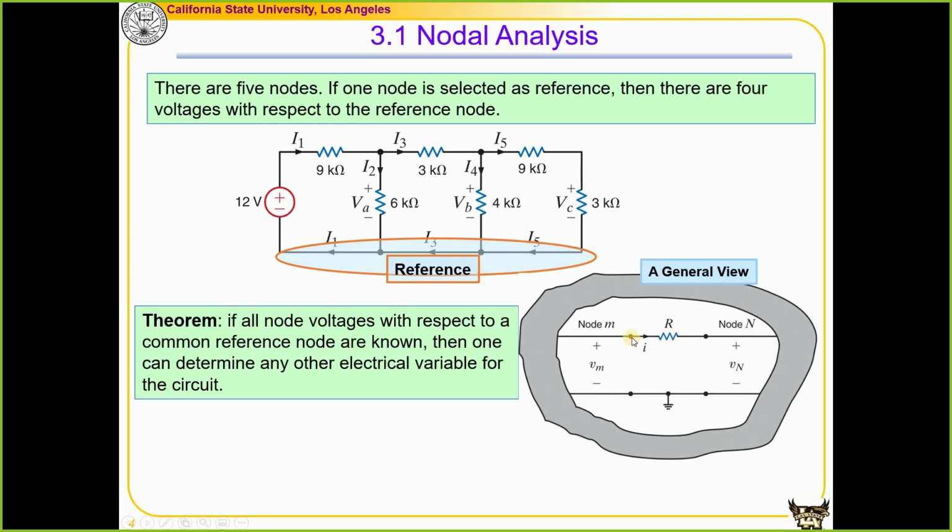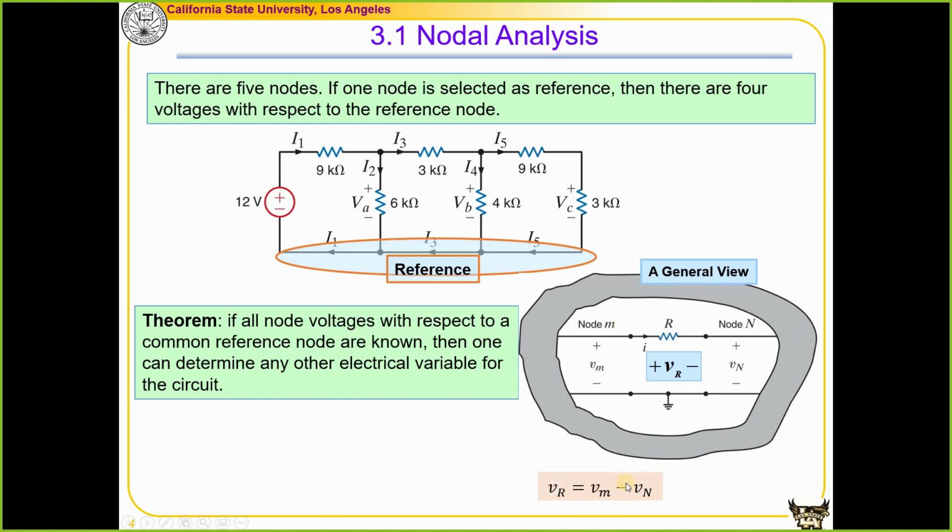In this example, assume the nodal voltage of this node M is known, that is Vm. The nodal voltage for this node N is also known, which is Vn. Given that, we'll be able to find the voltage drop on this R by using VR equal to Vm minus Vn. All these nodal voltages are compared to the reference node.